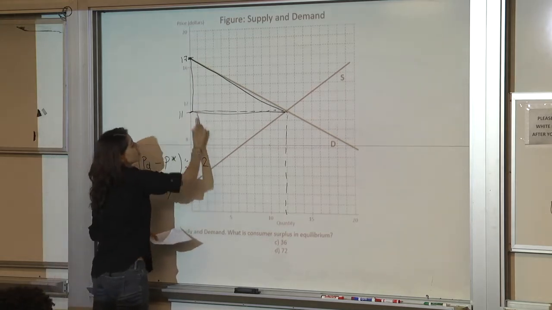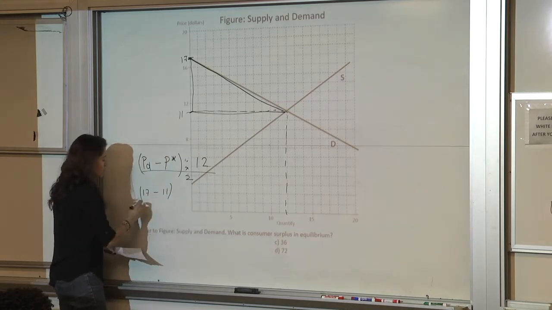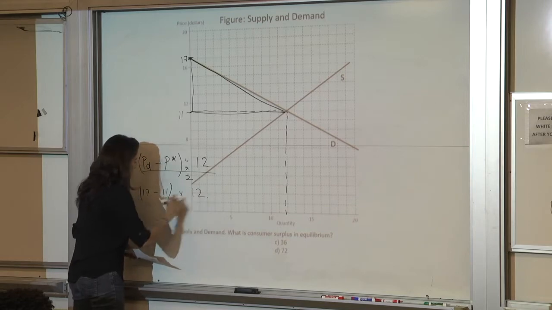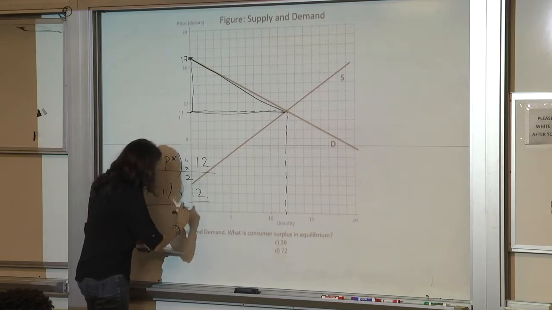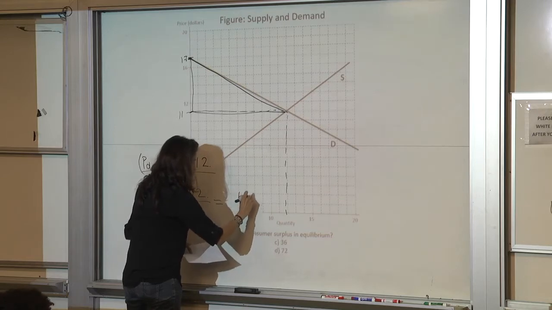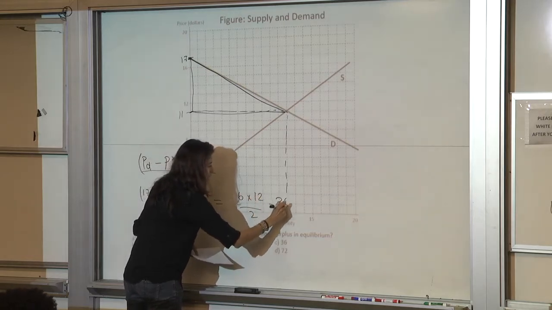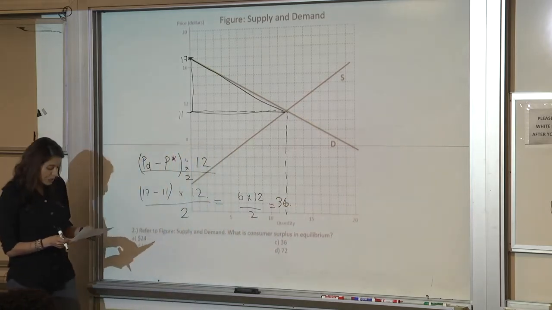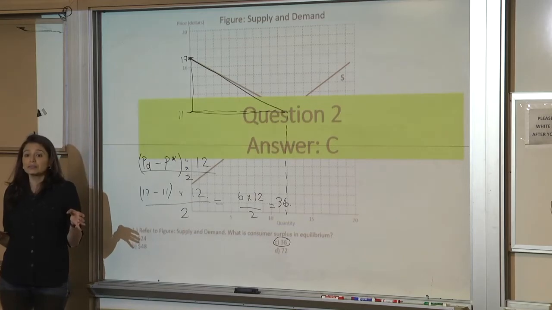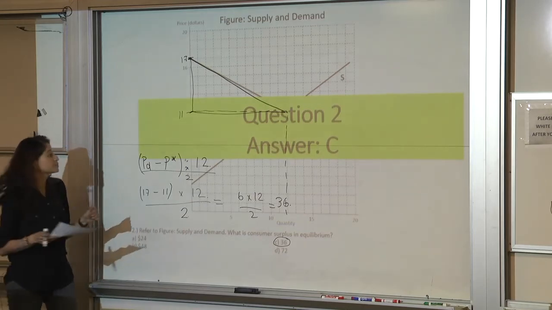So this is the height, this is the base, and this I divide by 2, okay? So it's 17 minus 11 times 12 divided by 2. This is equal to 6 times 12 divided by 2. This is equal to 36. So my consumer surplus, the answer is C. Is that clear for everyone? Good? Okay.